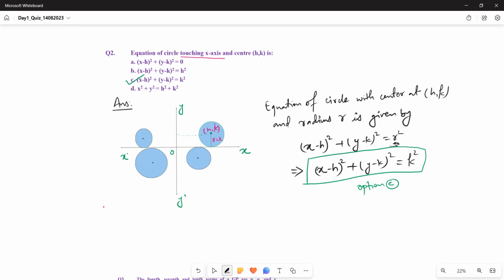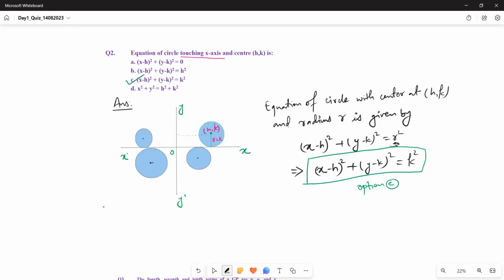Because for a circle with a radius more than 0, the center will not lie on its boundary, right? So the center point should not satisfy the equation. But here you can see when you put (h, k), h square plus k square, it will be satisfying. So you can reject this, right?